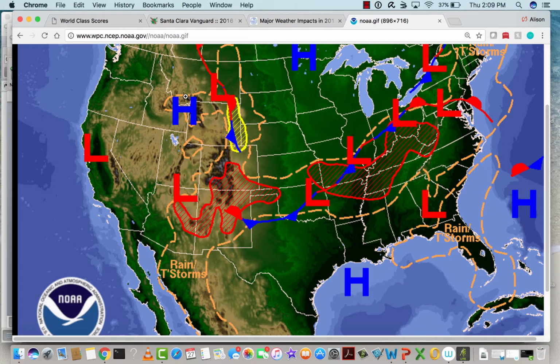These stand for areas of high pressure and low pressure. And if you didn't already know it, high pressure regions are fairly quiet and inactive. Low pressure regions is where the action is in terms of weather. So this is sort of large scale pressure.